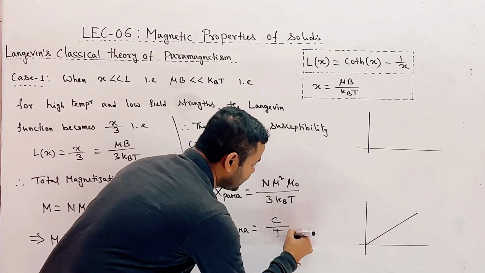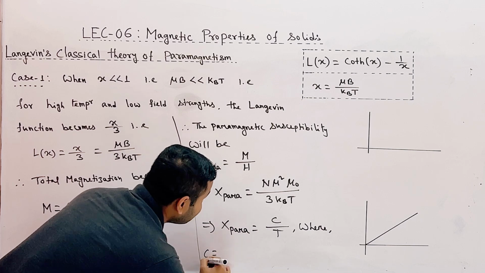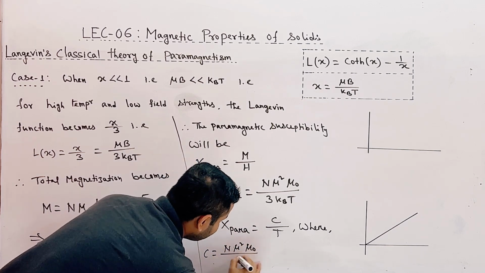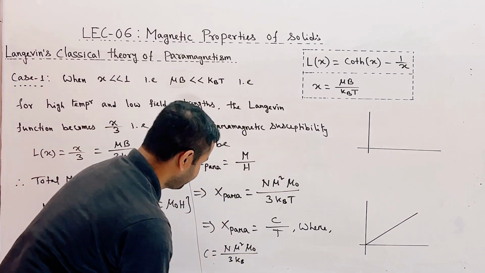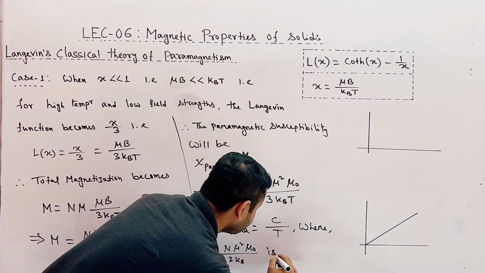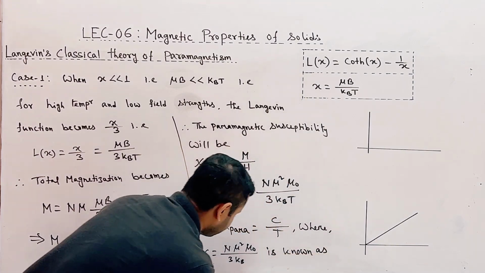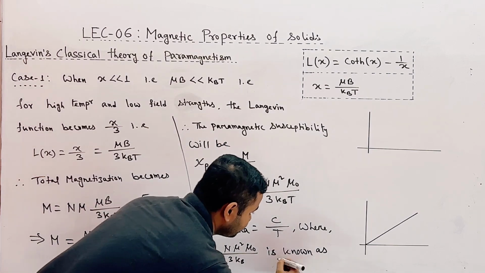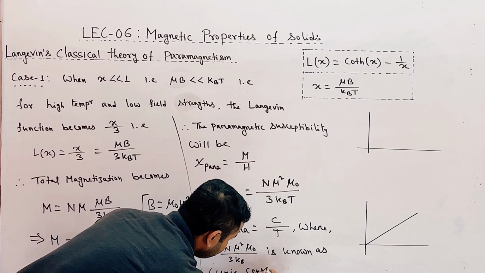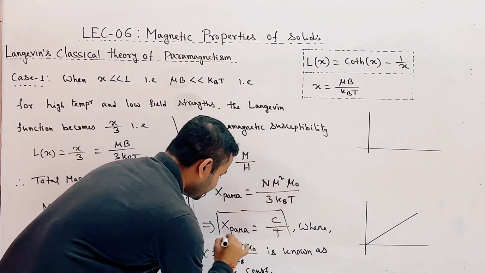Where C equal to n mu square mu naught divided by 3 kB, and this is known as the Curie constant. So this expression is known as the Curie law.